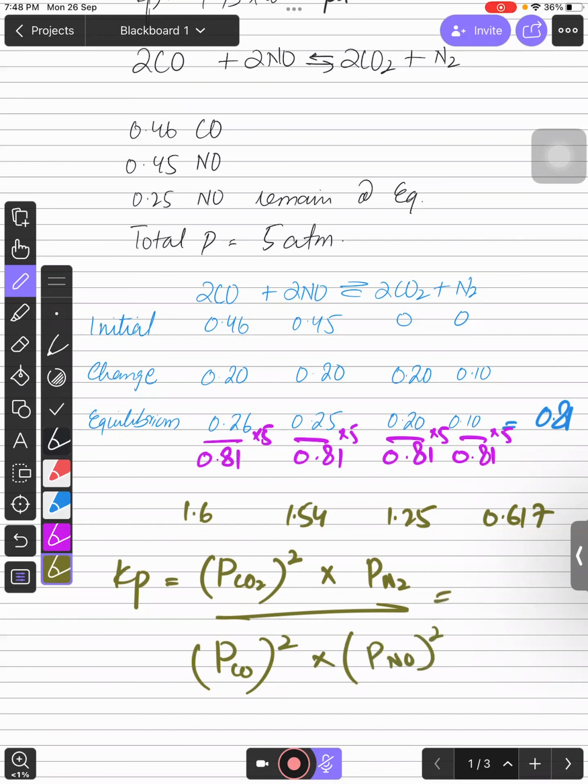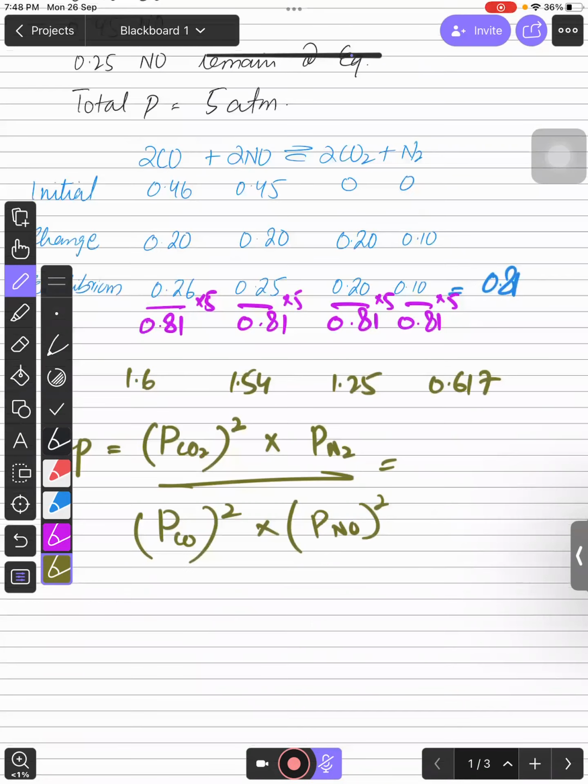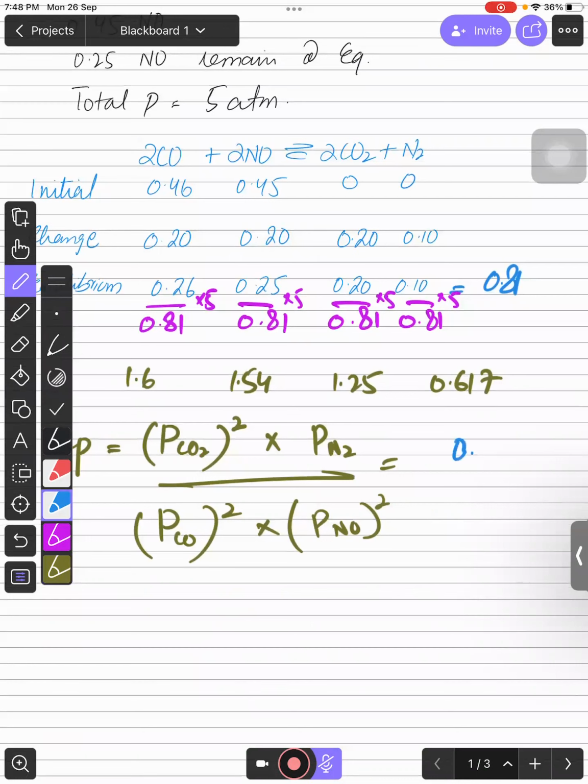So it is 1.25 squared into 0.617 over 1.6 squared into 1.54 squared. The answer is over here.